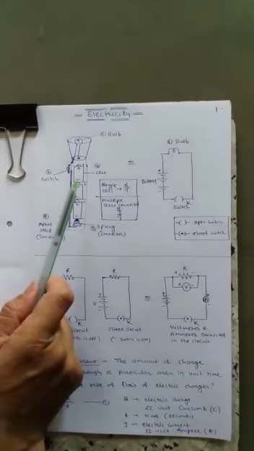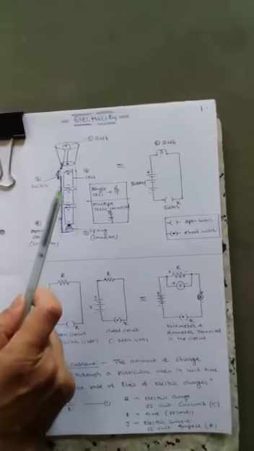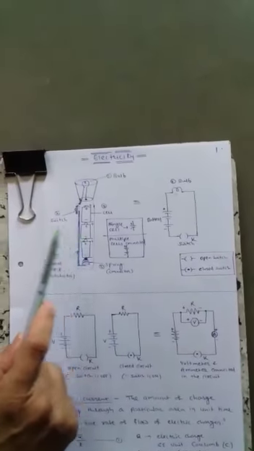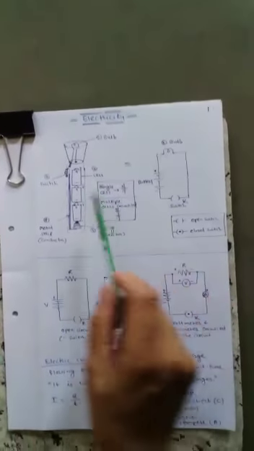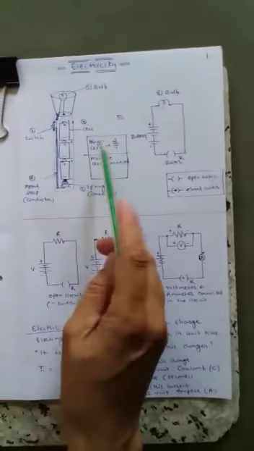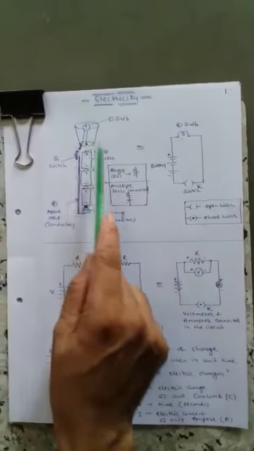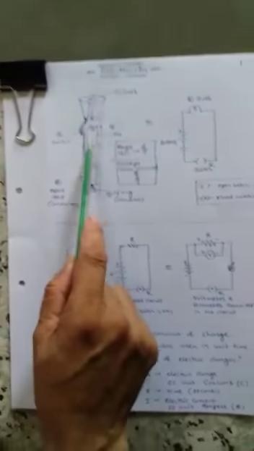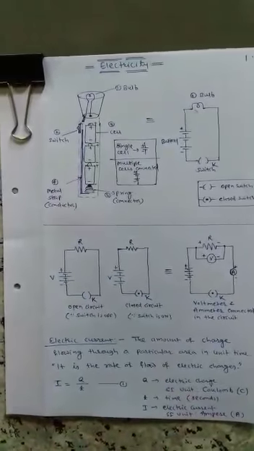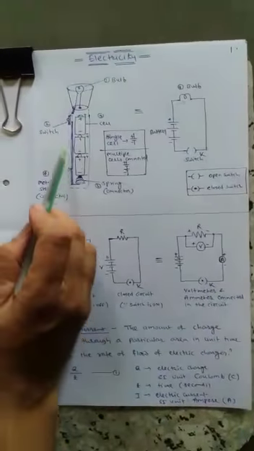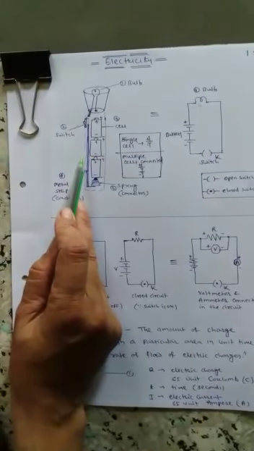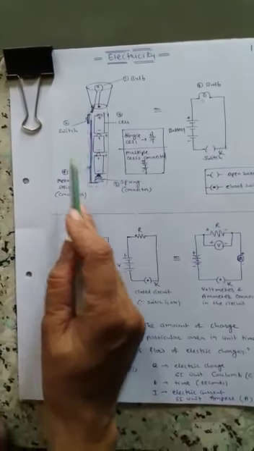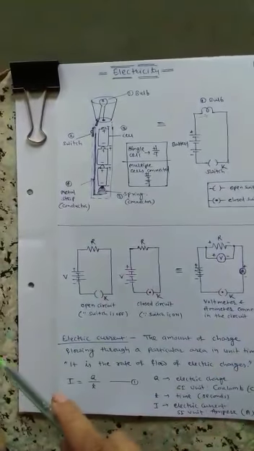So current flows through the circuit only if it is closed. If it is not closed, current will not flow. Here we are showing the notations for the bulb, switch and cell used while drawing the circuit diagram. When the closed path is completed, this torch can now be represented in the form of a circuit diagram.